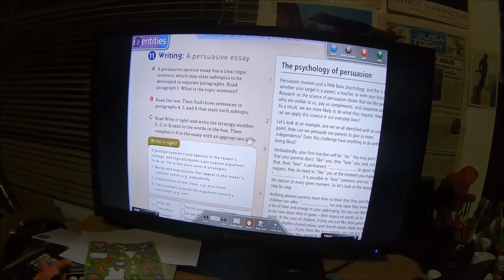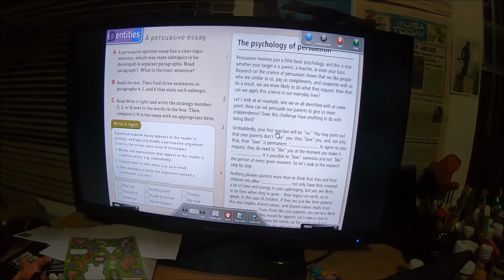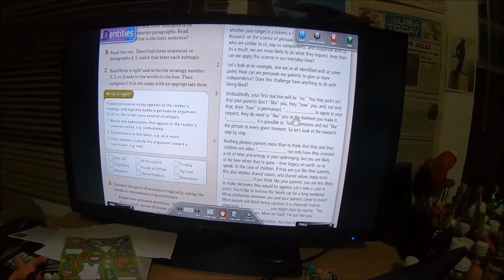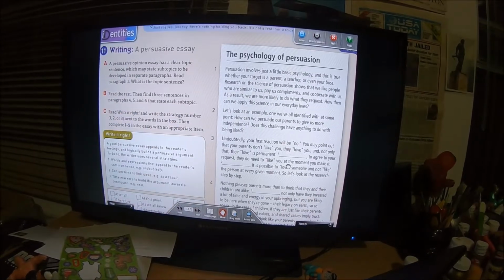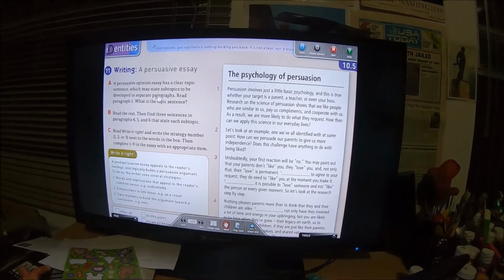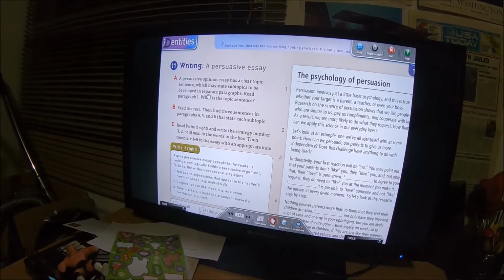It gives you an example here, which you can look at on your own, but before you do that, let's talk a little bit about it, and it'll give you a better idea of what you are going to be doing for your assignment.